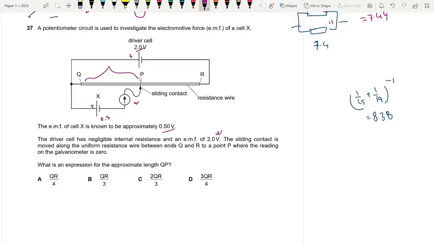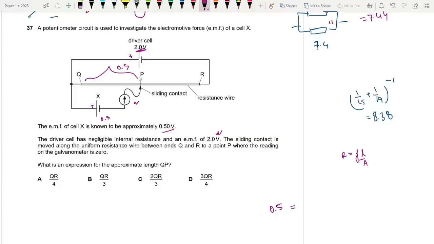Okay, so think about it. You know that R is equal to rho L by A. So the resistance wire will actually take voltage according to its length. If you think about it, we want it to be 0.5. So we want the voltage of QP to be 0.5 so that it cancels out.